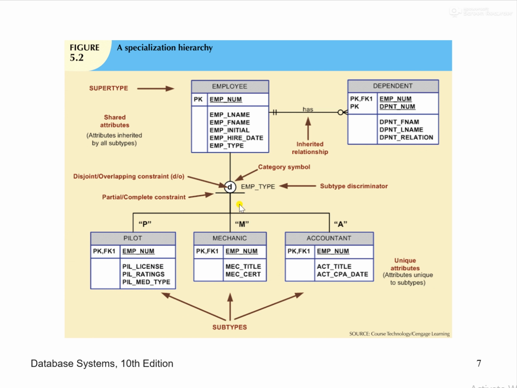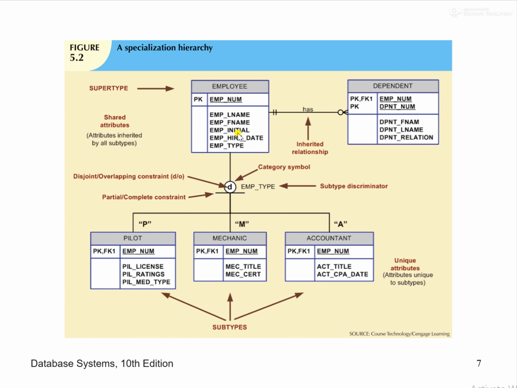Like pilot is a subtype of the supertype employee, but you cannot relate it to another entity like dependent or somebody else. Okay, each subtype has only one supertype to which it is directly related.